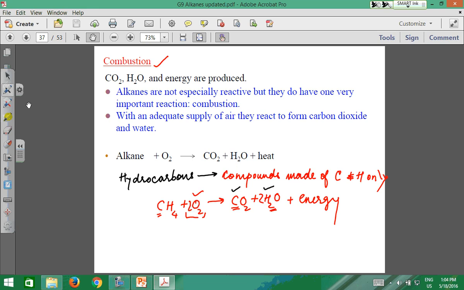But if this burns in an insufficient supply of oxygen, it will form something else. For example, CH4 plus O2, maybe a lesser amount of oxygen, will form carbon monoxide and water. This carbon monoxide is very dangerous.